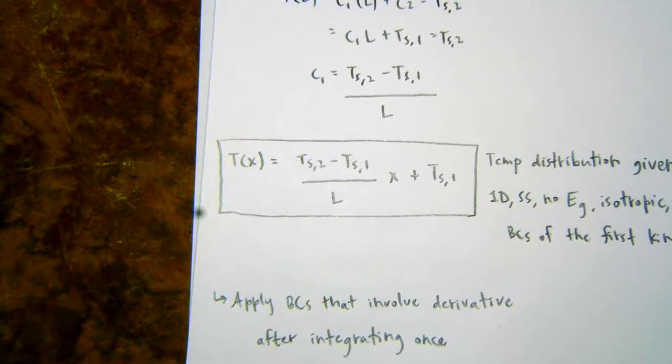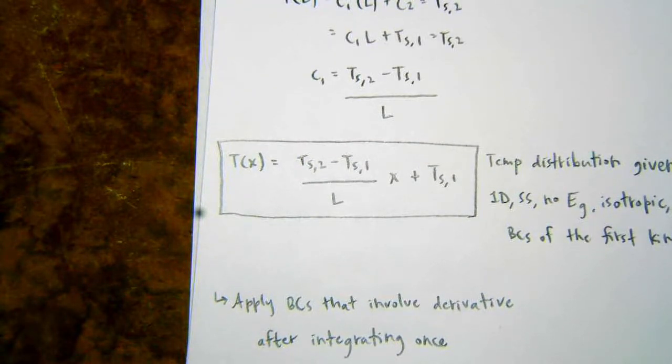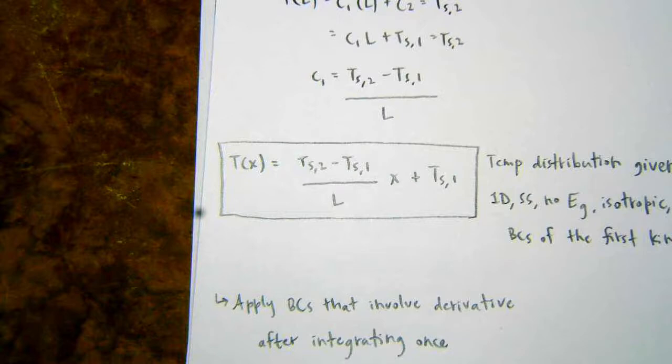And if you have one boundary condition that involves a derivative and one that is just the constant temperature, you can apply the first one after integrating once and then the second after integrating twice, just whatever the appropriate form of the equation is. That's totally fine. You can combine the results to get what the constants are.